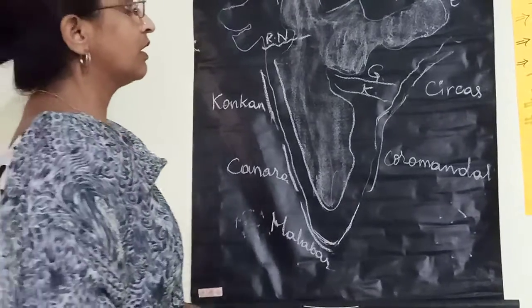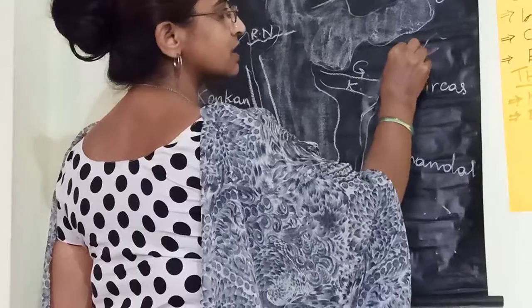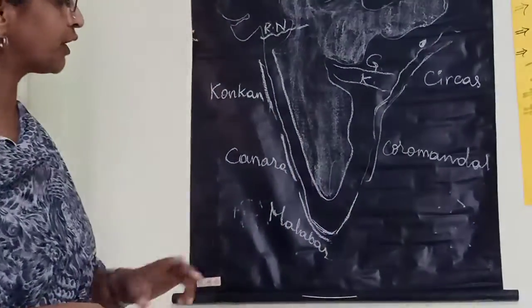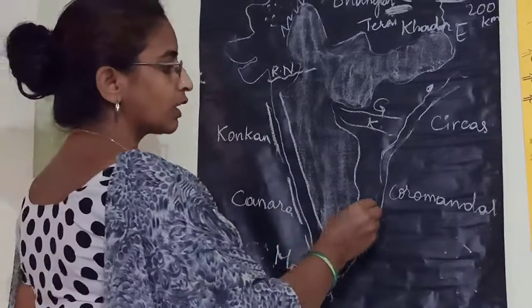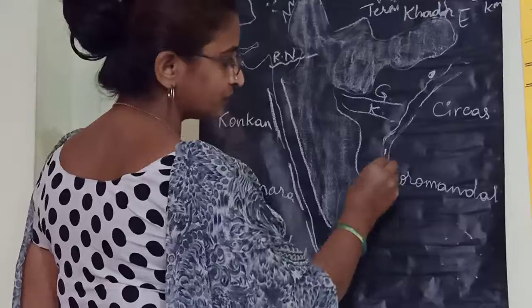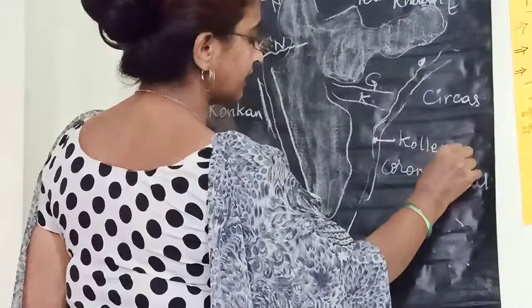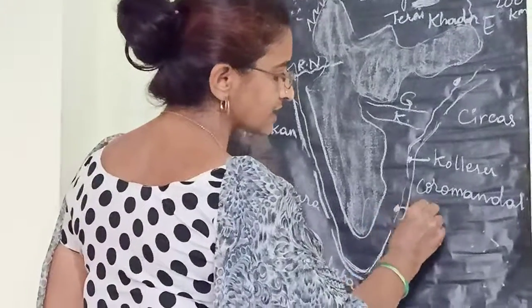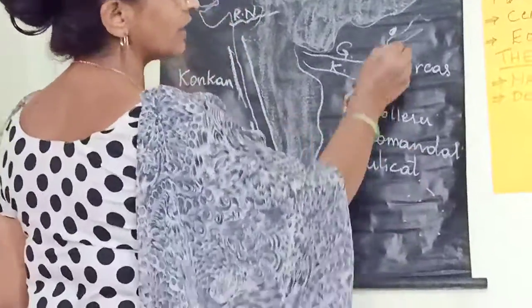The lake formed on the eastern coastal plain in the Odisha region is Chilka Lake, and two lakes we find in the Andhra Pradesh coastal region. One is Kolleru Lake and, in the south part of Andhra Pradesh, one more lake which is called Pulicat Lake.